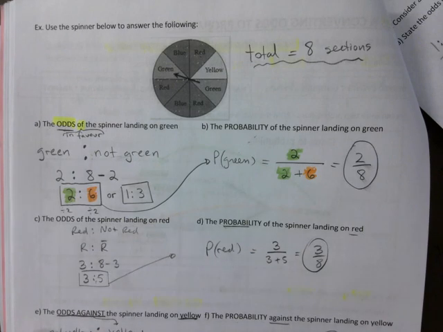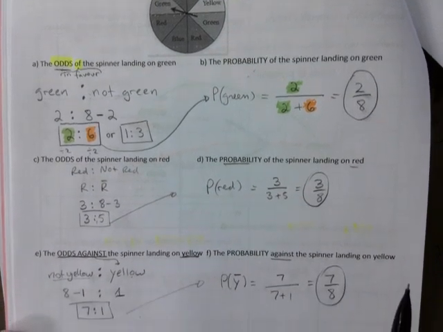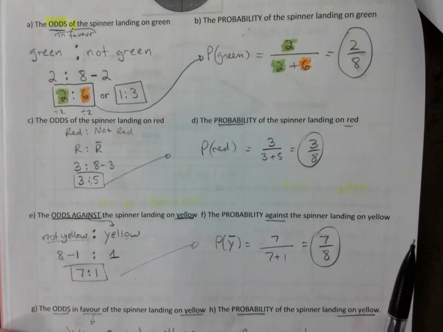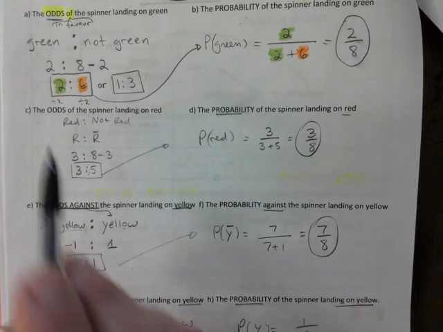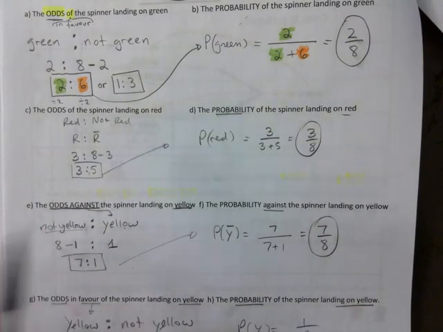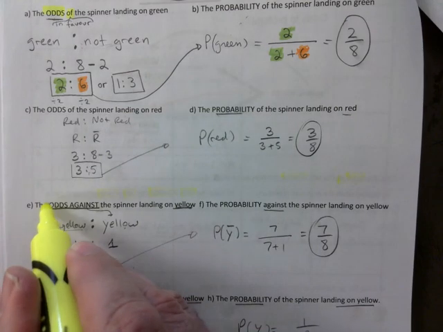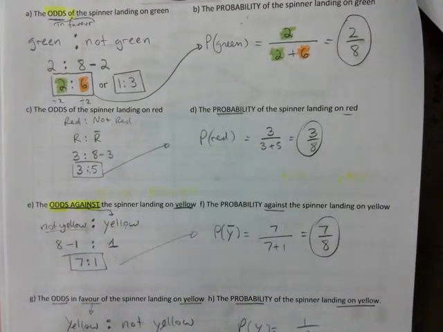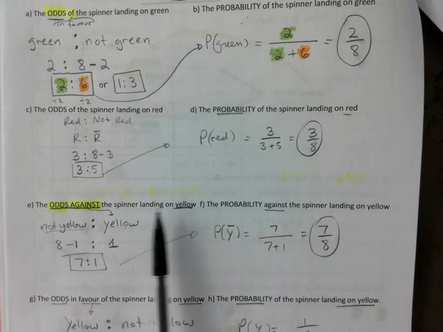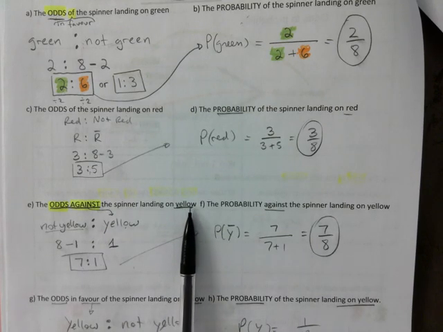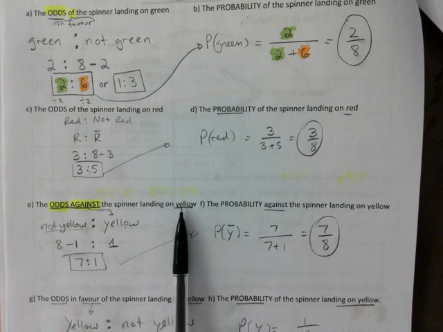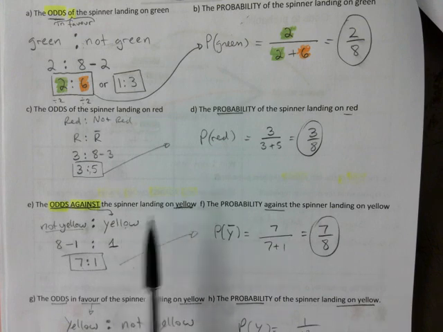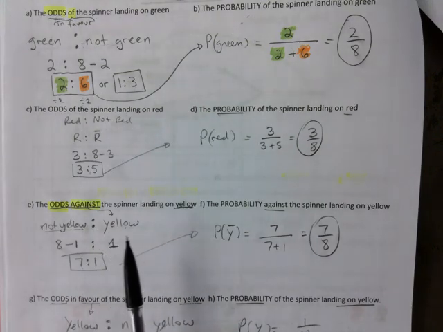However, let's go find against. Question E on page 17. It says here, odds against what? Odds against what? Well, let's keep reading. Odds against getting a yellow one. Watch where yellow is. If you focus on the event, yellow is on the other side of the fence.